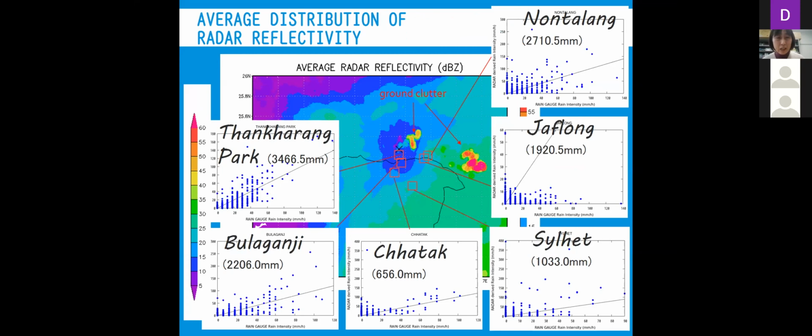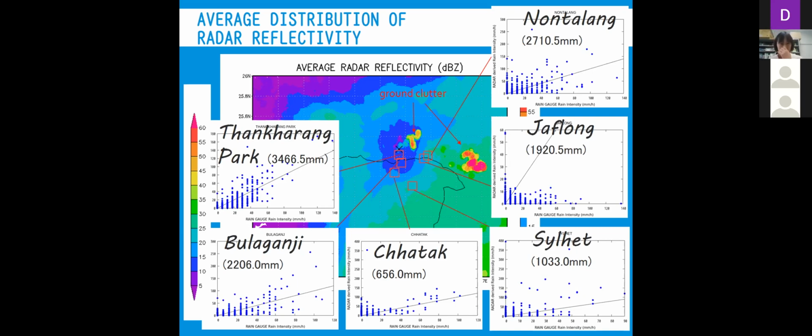It's our observation. We can get through the data set only 2 months. So this is the average for 2 months in the monsoon season. So 2 months means July, August, September? Yes, July and August. Okay.